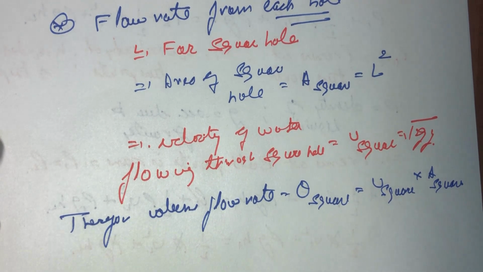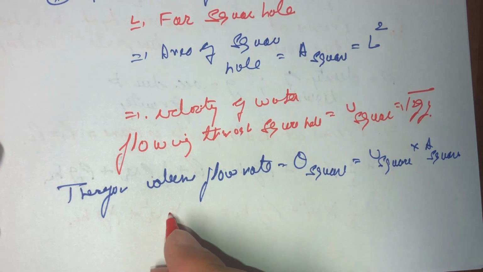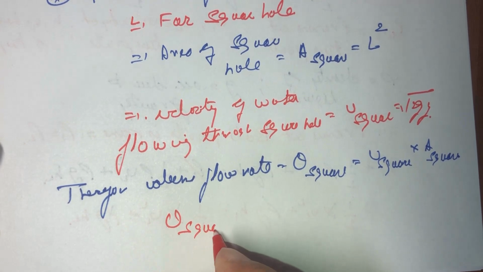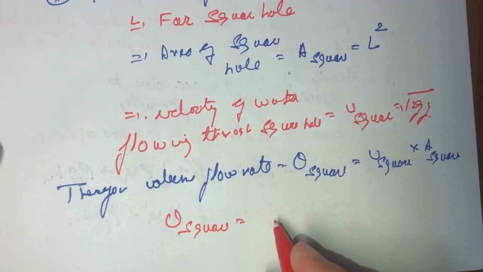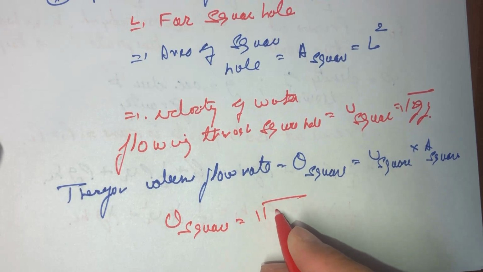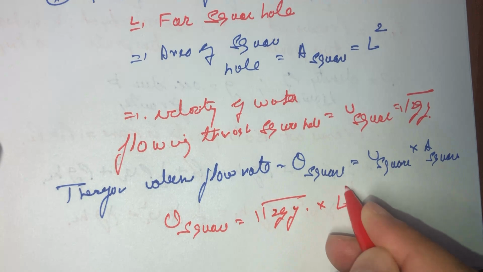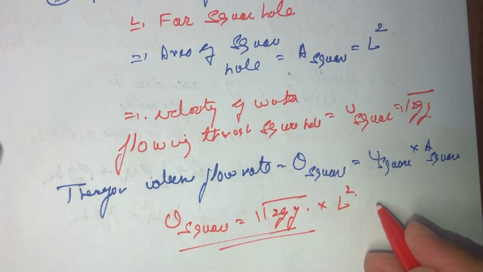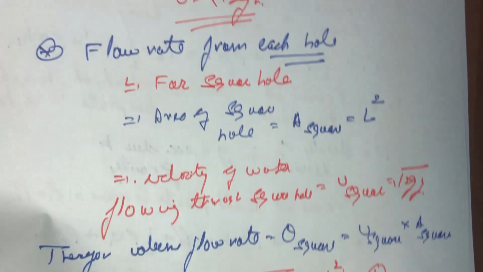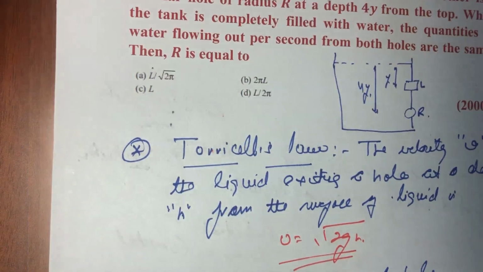So we get q square is equal to square root of 2gy multiplied by L square. So this is our equation number 1. Similarly, we are going to solve it for the circular hole.